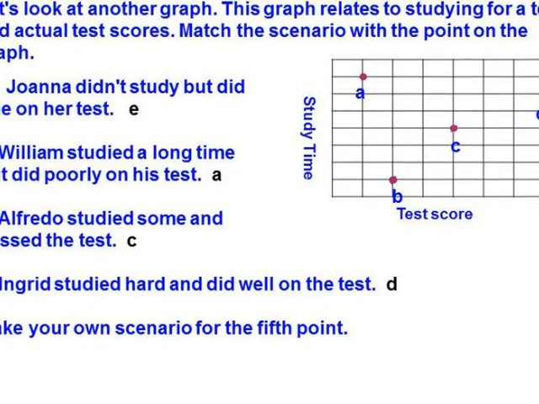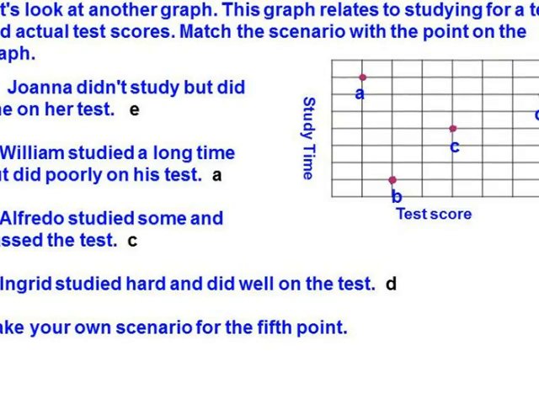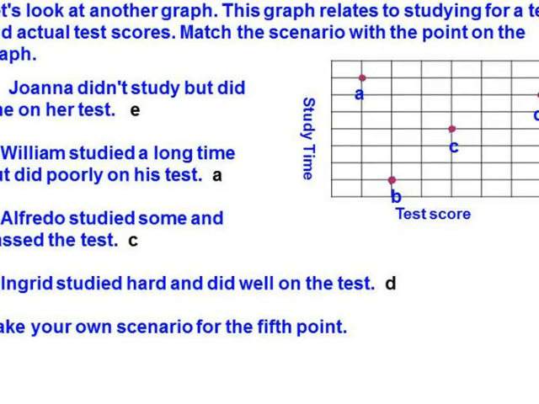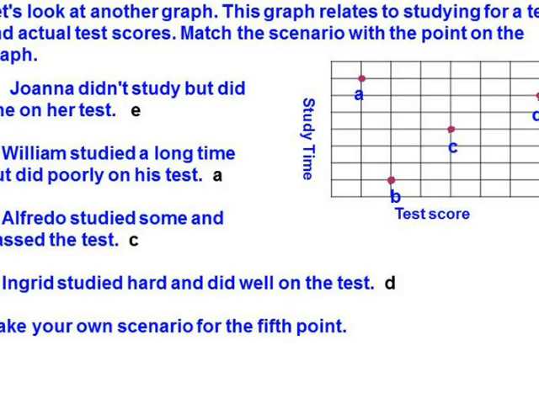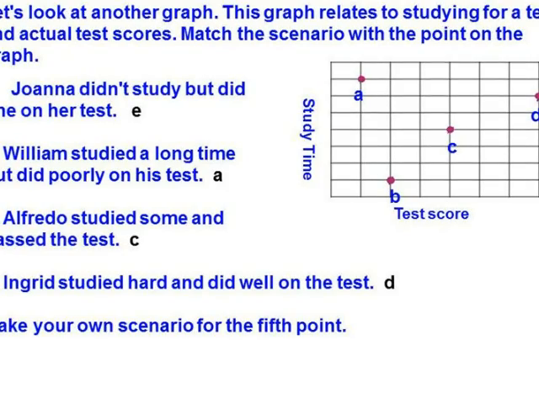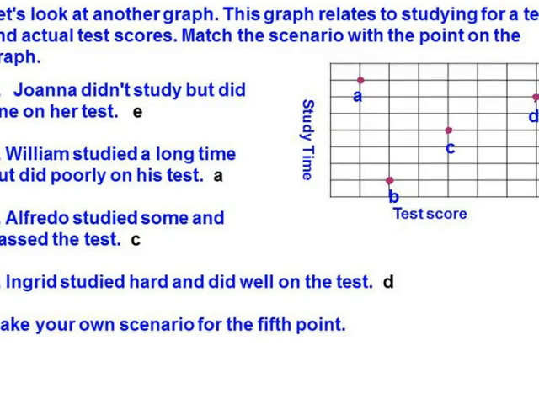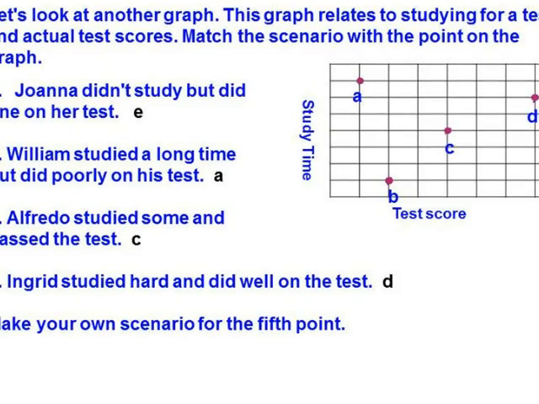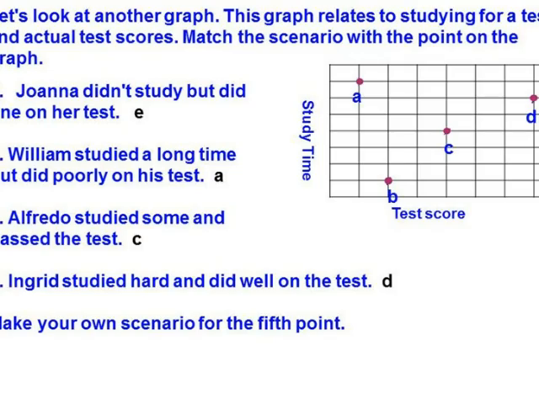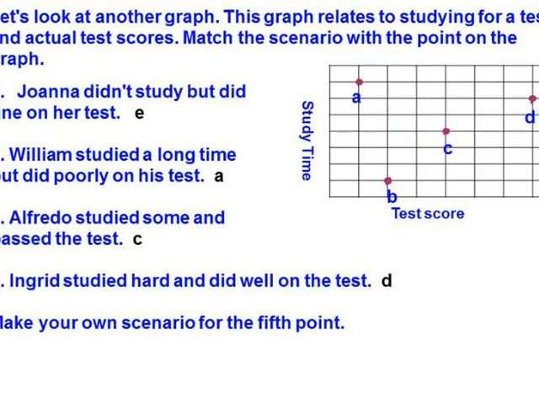Now look at the y-axis, up and down axis. That's the time for study. And look at the test scores, which is the x-axis. All right? So which one of those describe basically no study time but a great test score? Point E describes that. Let's take a look at number 2.